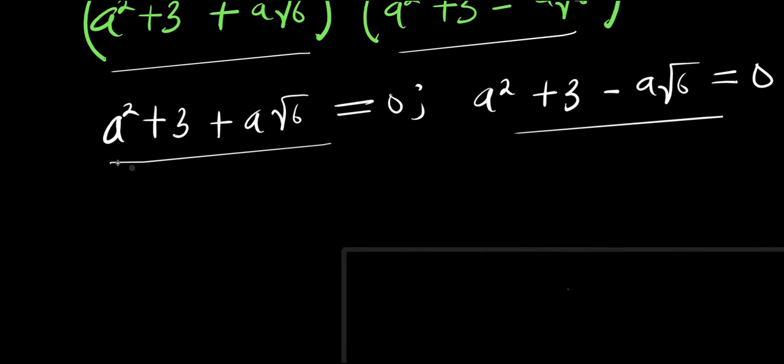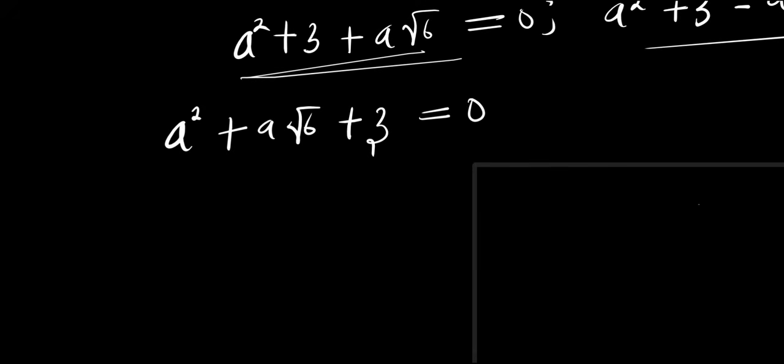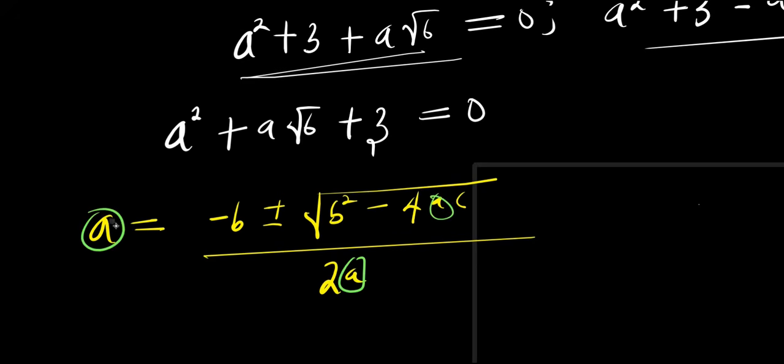Now, to solve this quadratic equation, I need to rearrange this. I can have a squared plus root 6 times a plus 3 equals 0. So we can solve this using the formula method. I have a, which is the variable here, equals negative b plus or minus square root of b squared minus 4ac, divided by 2a. Remember, this particular a here is different from the a that we are solving for.